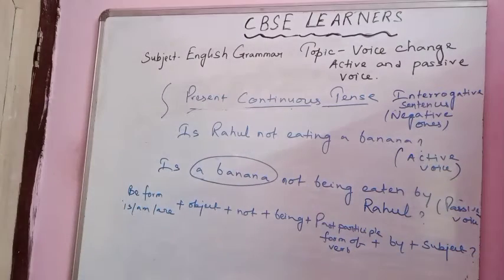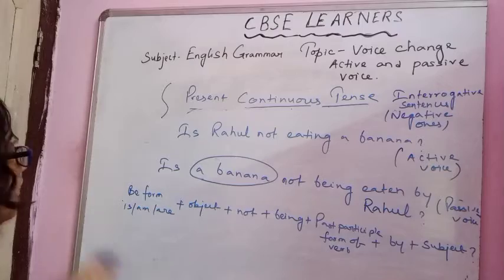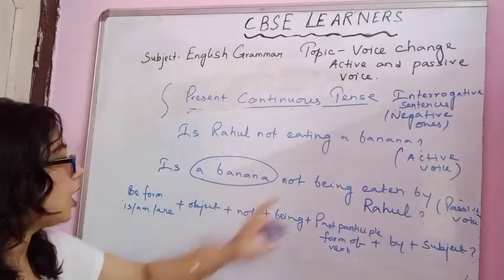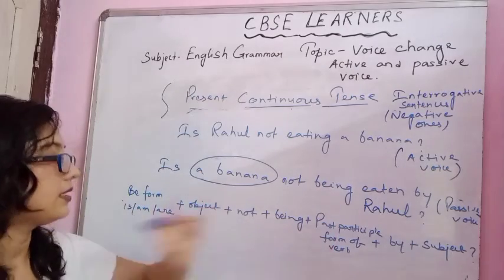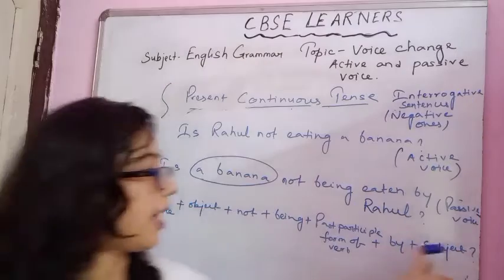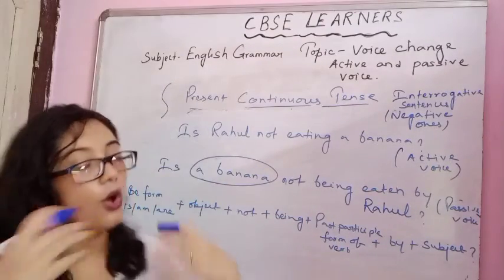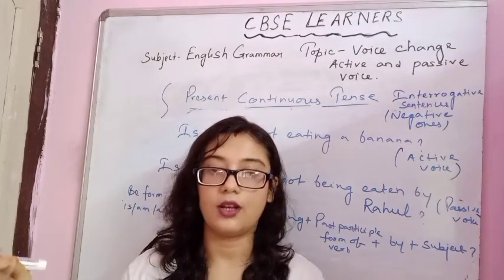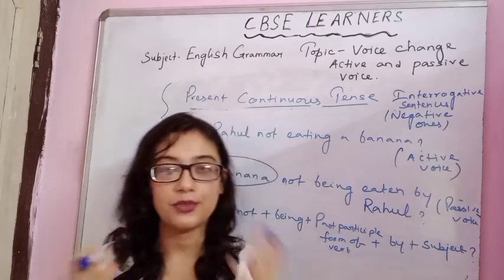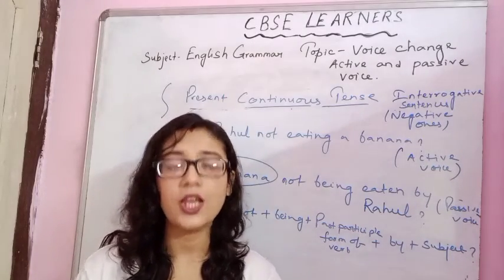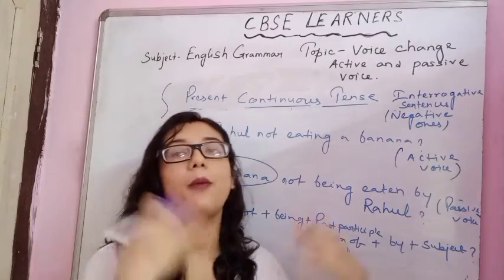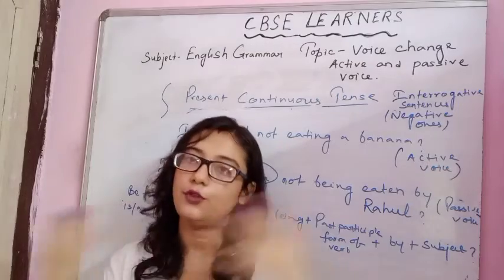Let me check once whether I have written it correctly: is, object banana, not, being, eaten, the past participle form of the verb, by, subject. I hope this transformation in the present continuous tense is absolutely clear to you. You can convert any sentence with these formulas from active to passive and from passive to active. Just remember the formula.